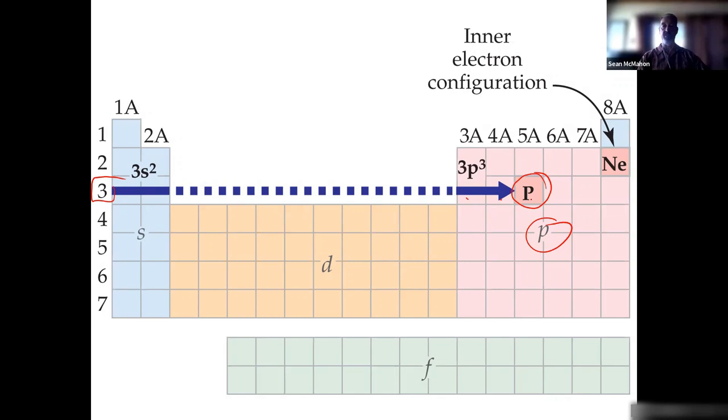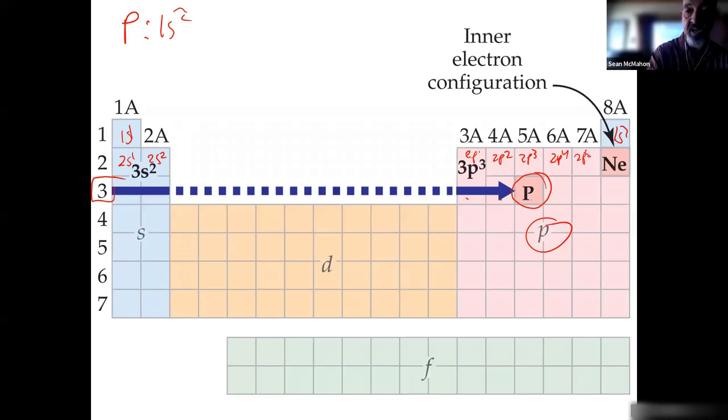Right? So I could write out for phosphorus, if I write out the full, right? Because here's 1s1, 1s2, 2s1, 2s2, 2p1, 2p2, 2p3, 2p4, 2p5, 2p6.